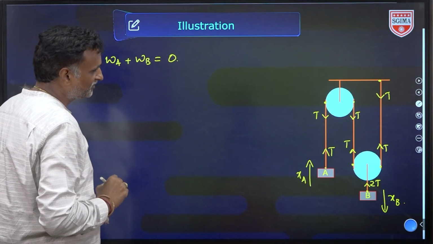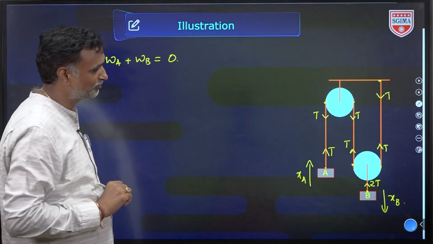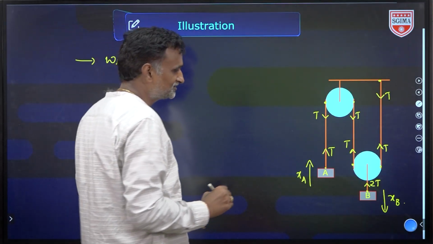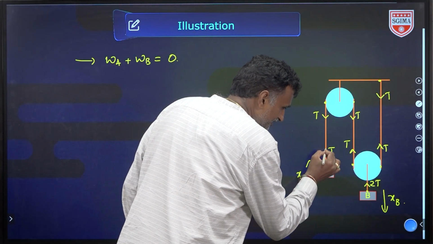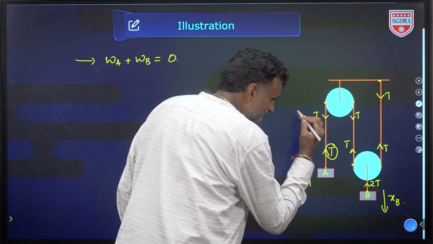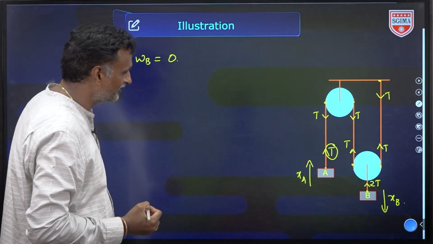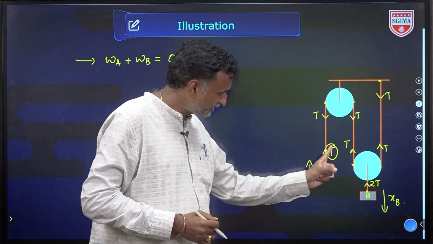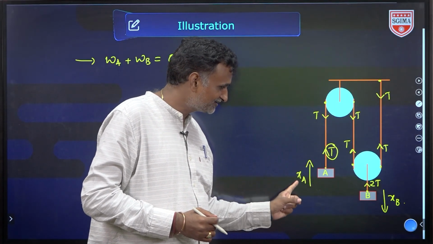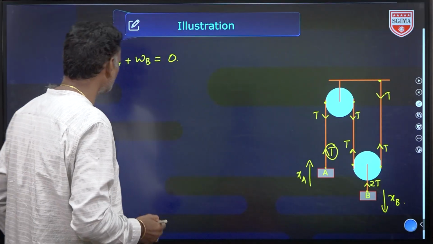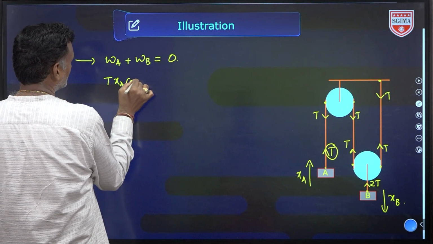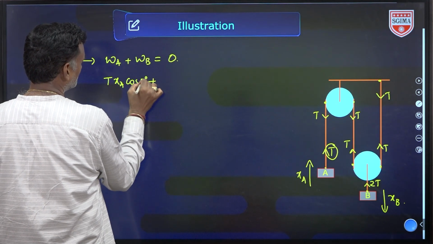So according to that we can write work done on A plus work done on B equal to 0. Now, work done on A: what is the force acting on A here? Tension T is acting, and the displacement is upward XA, so both are in the same direction: T XA cos 0.